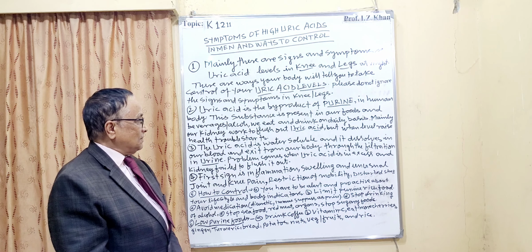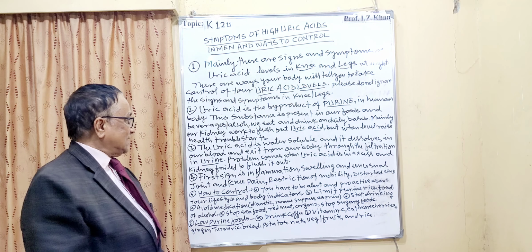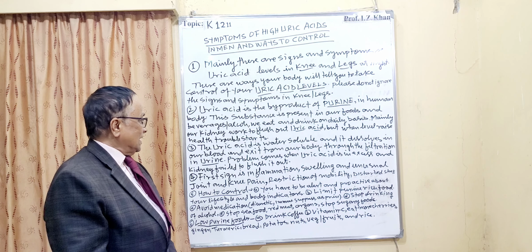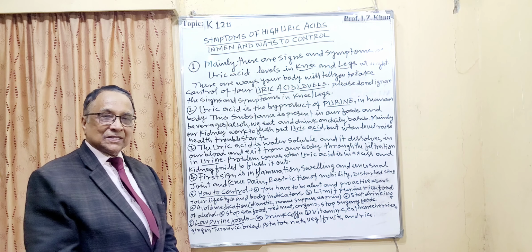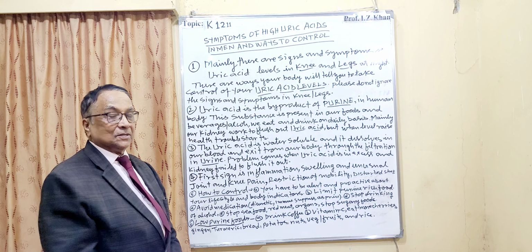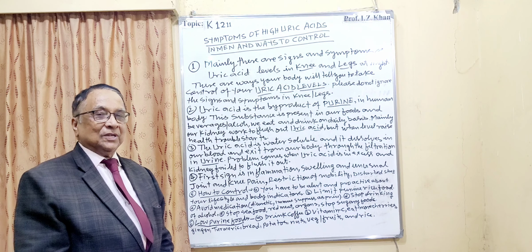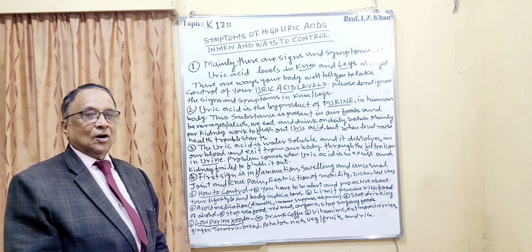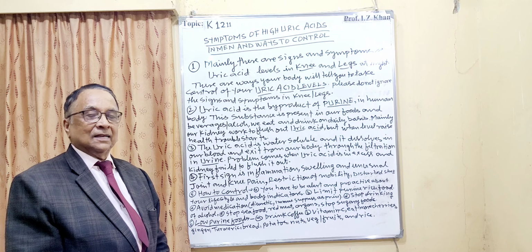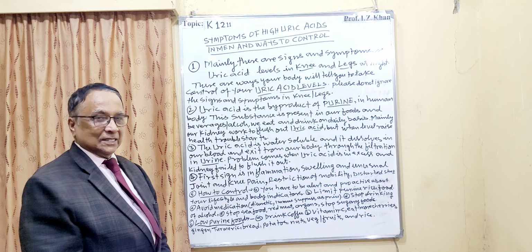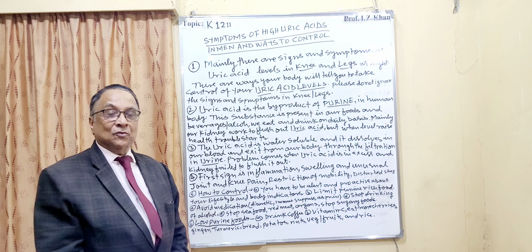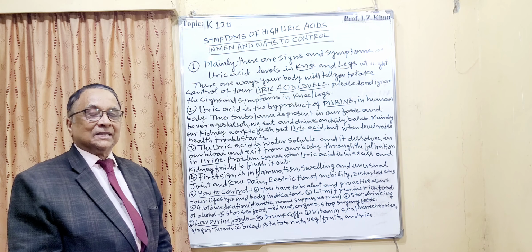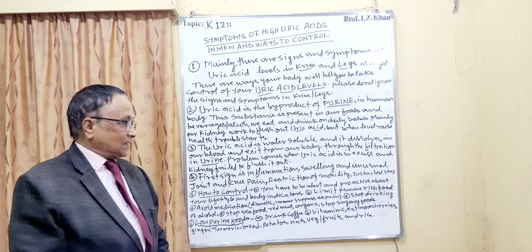The problem comes when uric acid is in excess and the kidney fails to flush it out. Actually, the serious problem comes where the kidney is weak, failing, or damaged. Only then will the uric acid volume be high, and there will be a chance of formation of crystals.